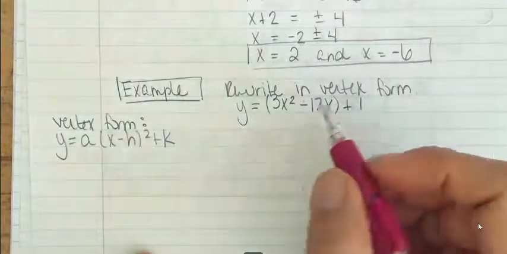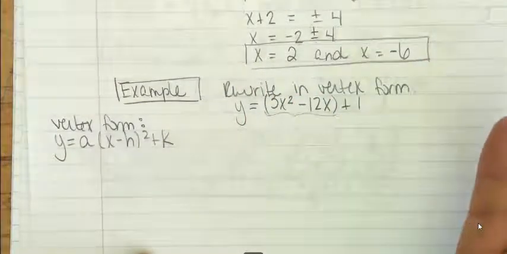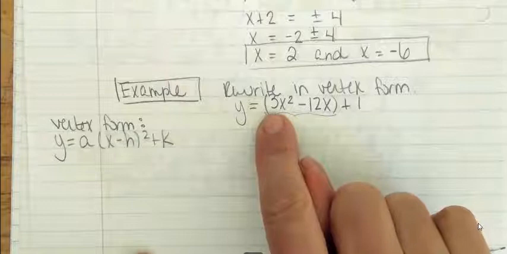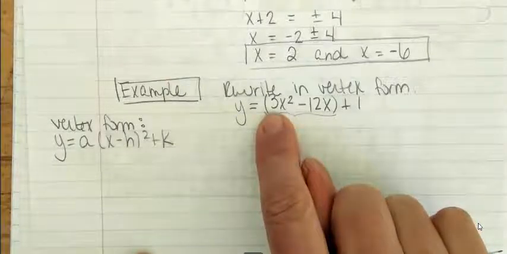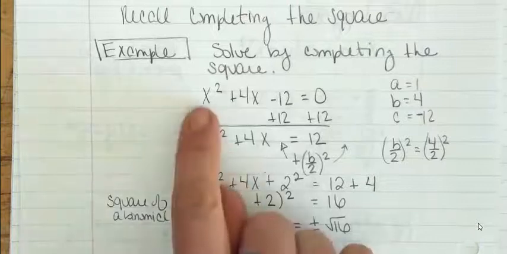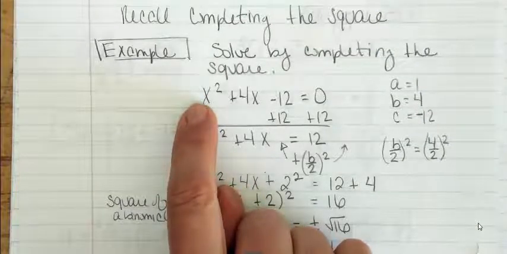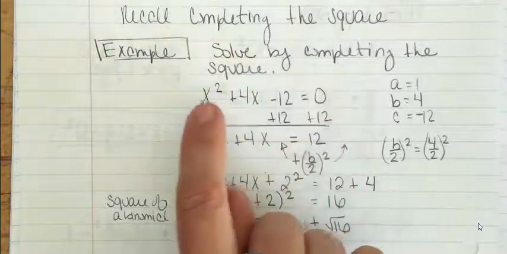Okay, so first thing, in this part right here, I see that there's a common factor. You always want your a to equal 1. A does not equal 1 here. In our previous example, we didn't really have to worry about it. Our a equaled 1. However, if our a didn't equal 1, we would divide both sides by that.